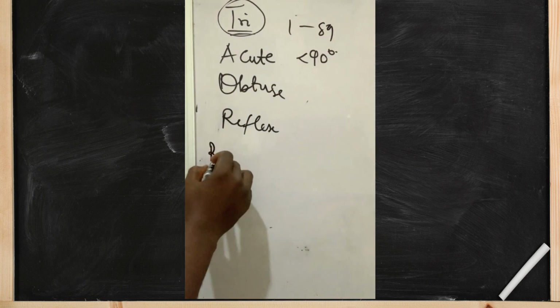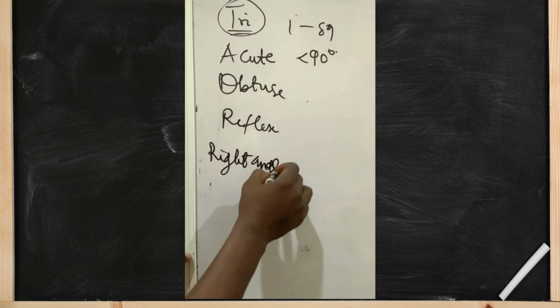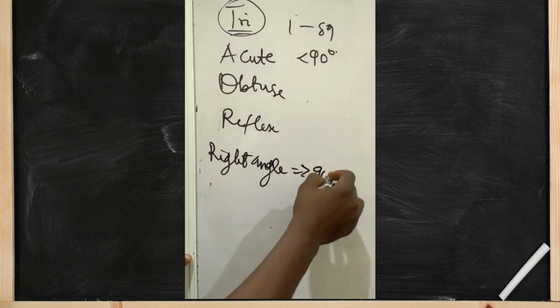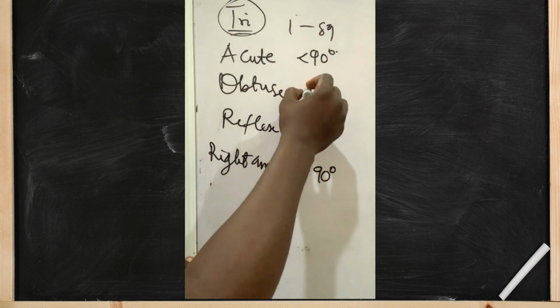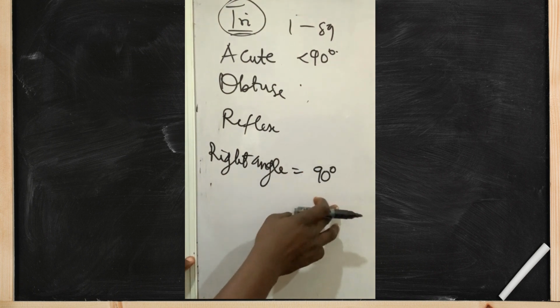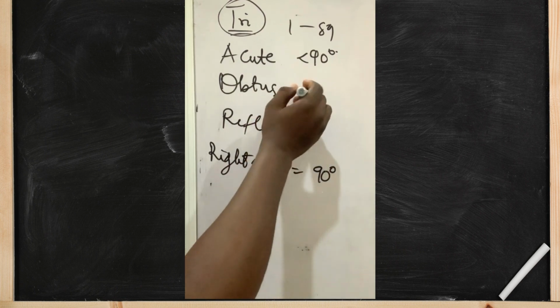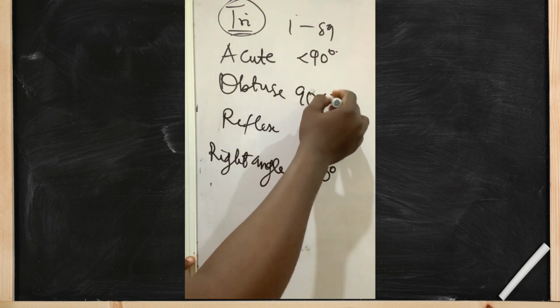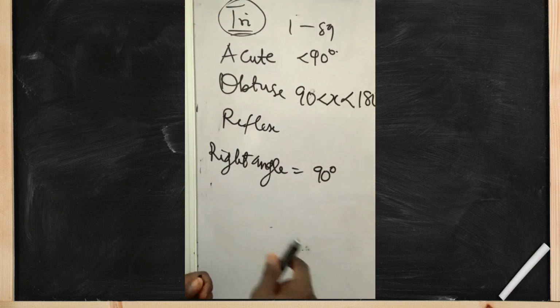Right angle is 90 degrees. Obtuse angles are angles that are greater than 90 degrees and less than 180 degrees.